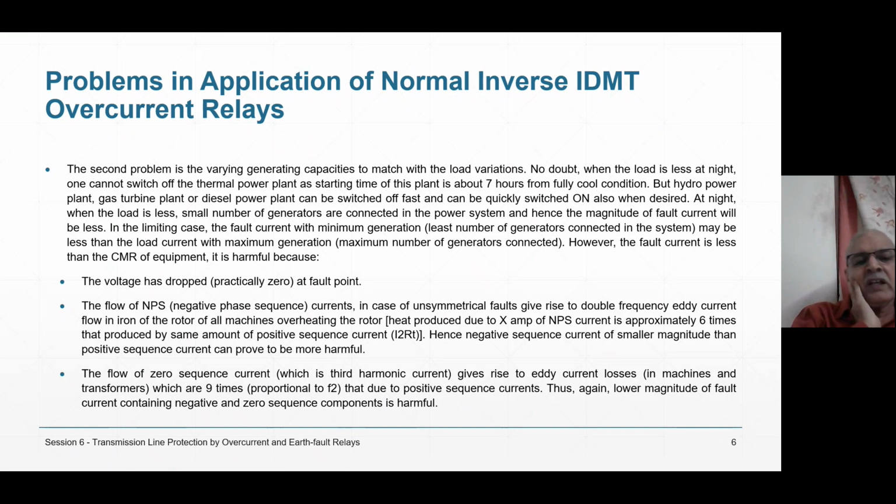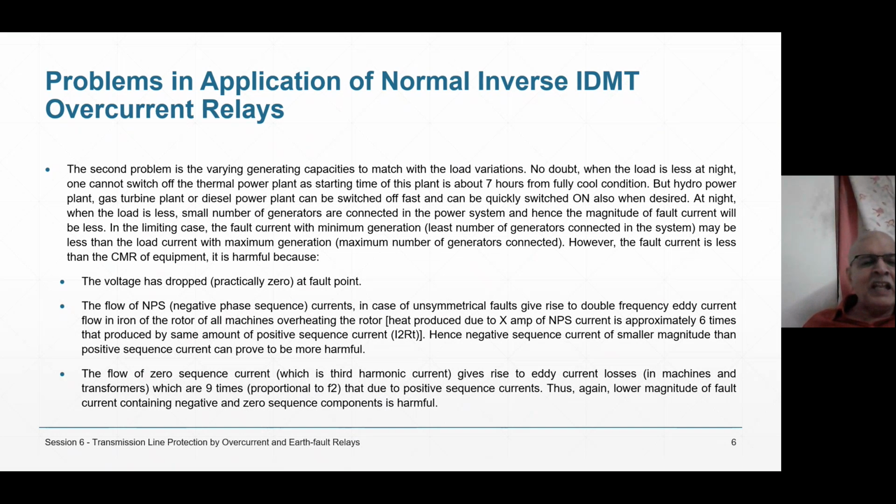This is so even if the fault current is less than the load current. It is generally said that the heat generated by positive sequence current is I1 squared RT. The heat produced by the same amount of negative sequence current is 6 times that of positive sequence current, so the damage is 6 times.